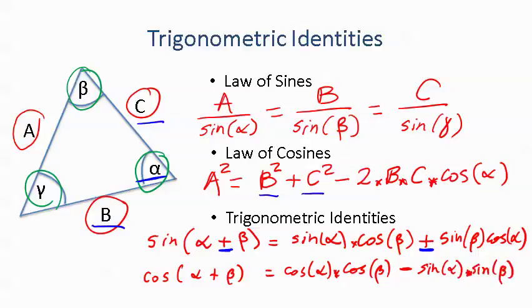Now, if instead of the addition we have the subtraction, alpha minus beta, then the subtraction here in this expression will become an addition. So be careful to distinguish whether you're finding the sine or the cosine and use the correct addition or subtraction.